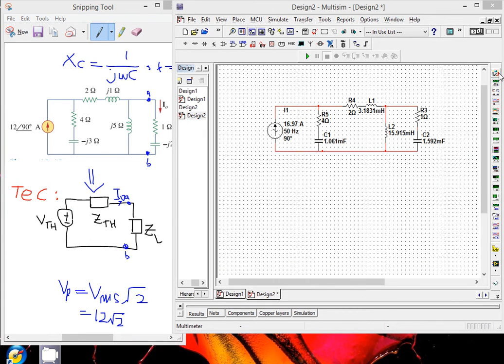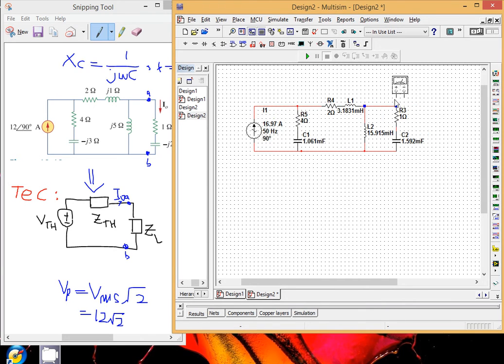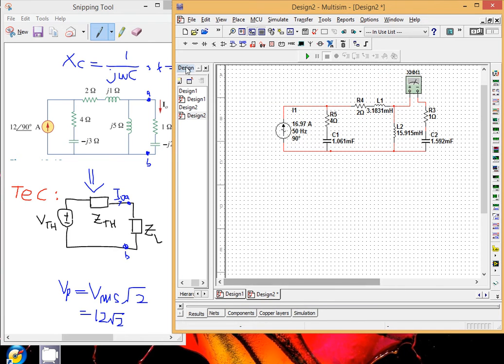So you can simply measure the current flow in this load using a multimeter. Okay, connect this to here, and then you can test it. Oh, so you need to have ground.